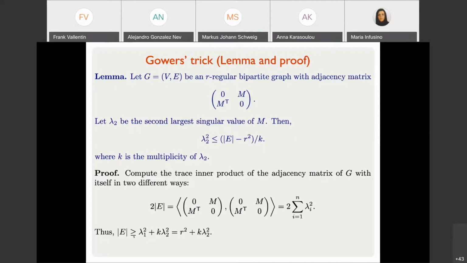Then we know what lambda 1 is, it's r, so we have r squared for the first summand, and the rest stays. Then we shift the summands around and arrive at this inequality: the second largest singular value of M squared is less than or equal to the number of edges minus r squared, divided by k. Okay, and this is Gowers' trick, and it will be very useful now for product-free subsets.